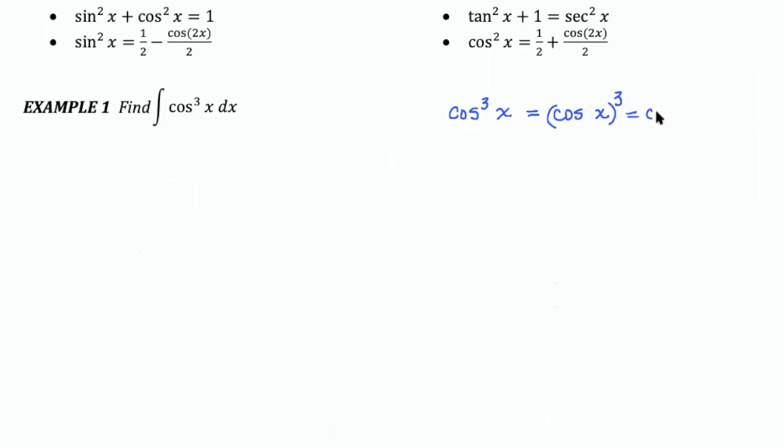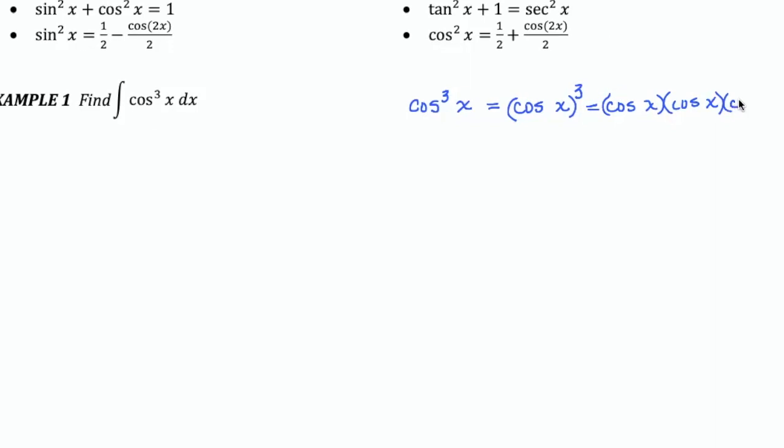So cosine cubed of x is the same as cosine of x times cosine of x times cosine of x. The only reason that we put the cubed here instead of at the end is to avoid that confusion about whether we're cubing only x or whether we're cubing the cosine of x.